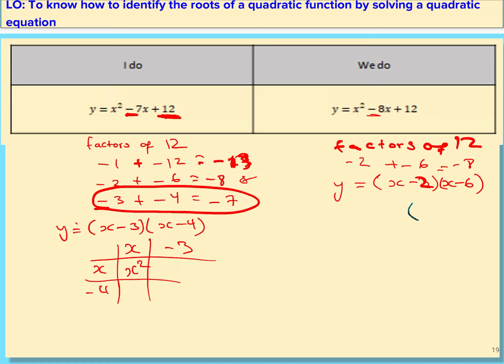We can always check if our answer is correct by multiplying it out. I'm going to show you how I can prove that our answer is right. I like to do the grid method when I multiply out brackets.